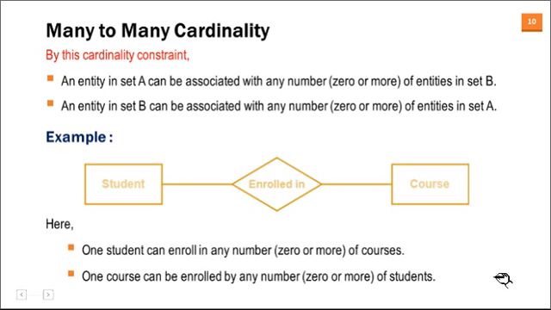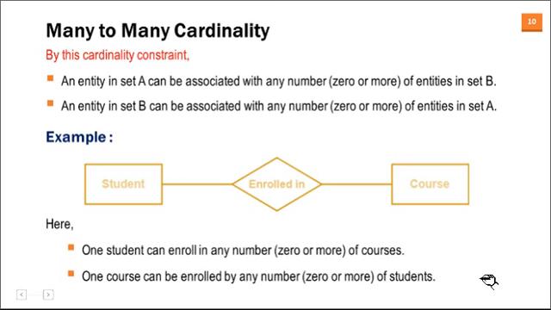One student can enroll for any number of courses. A student can enroll for a BTech course, an MTech course, or a BCA course also. A student can enroll for zero courses, or more than one course, two courses, or three courses.